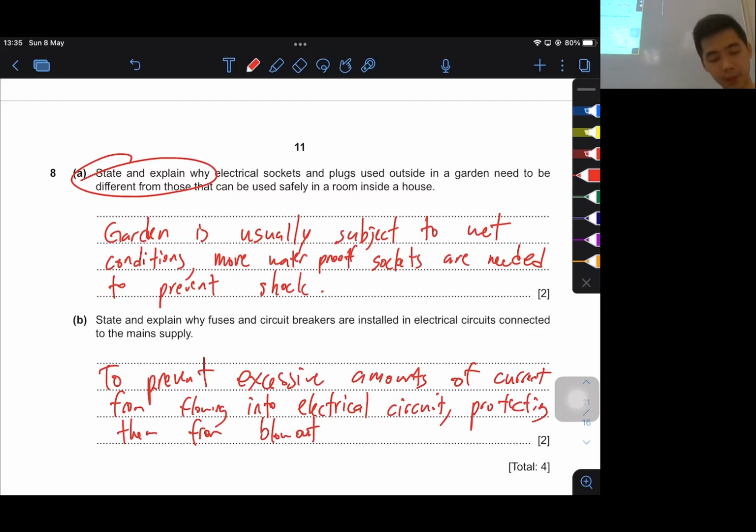Yeah, okay, acceptable. Anything logical, just say something that makes sense and you will get your marks.